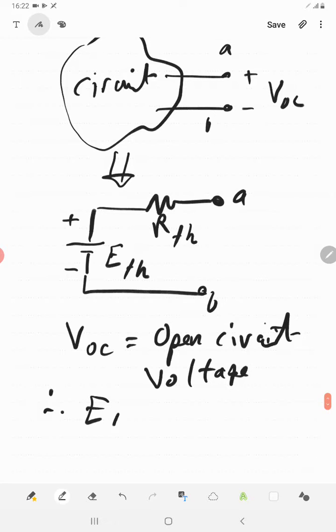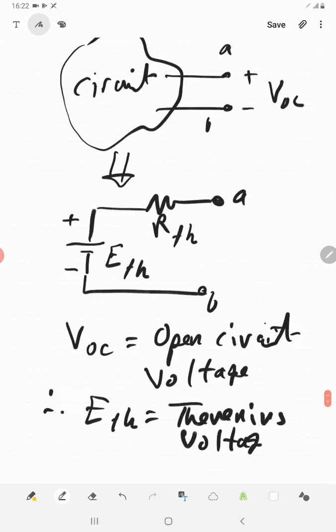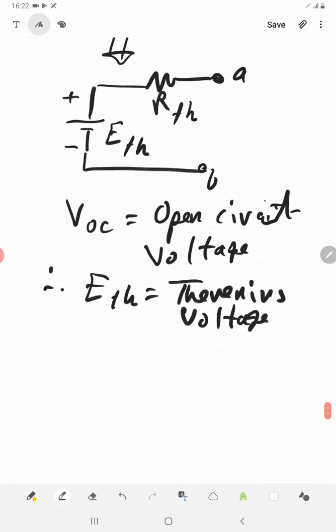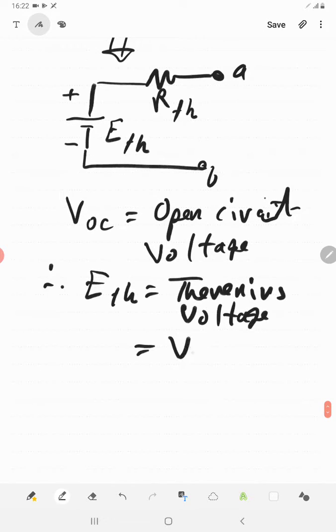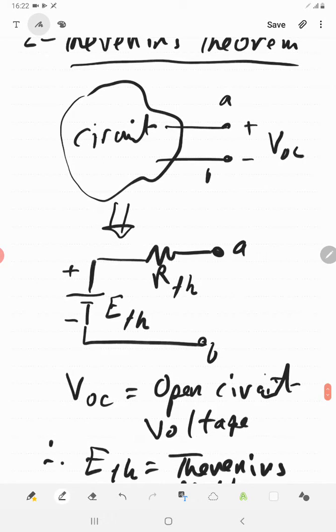Therefore, E Thevenin equals the Thevenin voltage, which is equal to V open circuit. So what is the Thevenin voltage? It is the open circuit voltage seen between A and B. You measure the voltage between A and B, which gives you the open circuit voltage, and that's the Thevenin voltage.